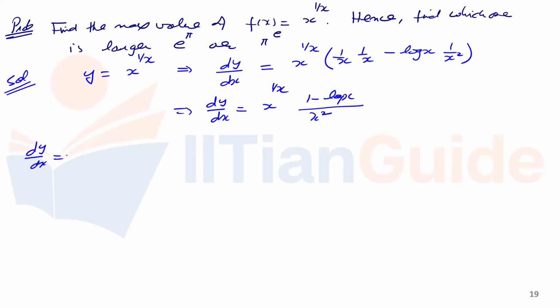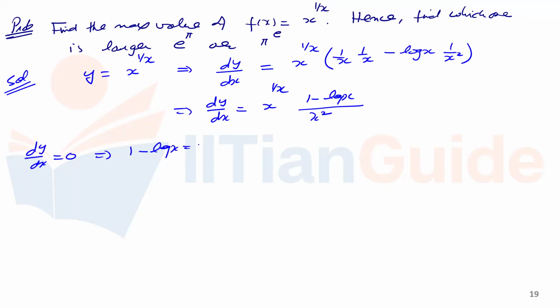That means either this term is 0, and x^(1/x) can never be 0; it can be 0 only when x is infinite. And 1/x² is also not 0 except when x is infinite. Forget about these two terms. dy/dx is 0 only when 1 − log x is 0; in no other case will I get it. Getting 0 when x is infinite we cannot consider.